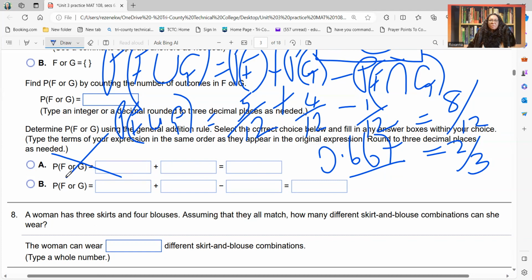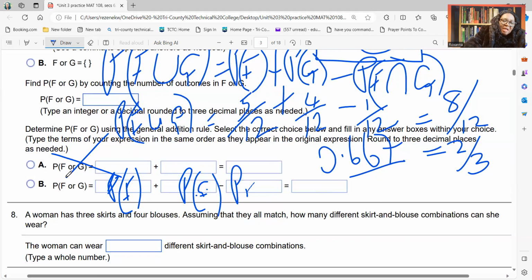So they're asking us to use the general rule to write that expression. So this is the probability of F plus the probability of G minus the probability of the intersection, P(F intersection G). And then I'll put my answer here, 0.667.